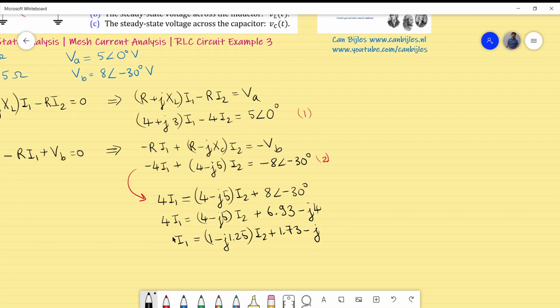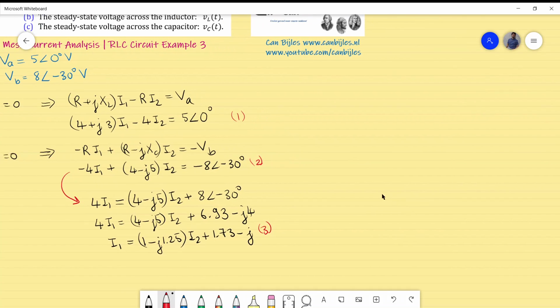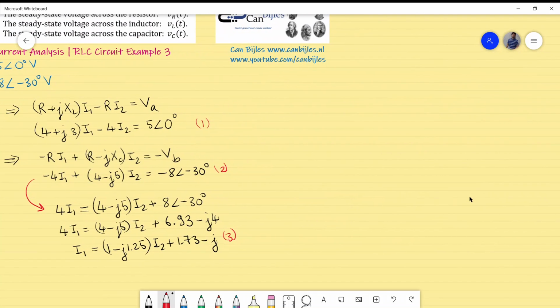And I will denote this as equation number 3, and I will use this. What will I do next? I will do the following. I will substitute this expression, equation number 3, into equation number 1. So I will write it down.